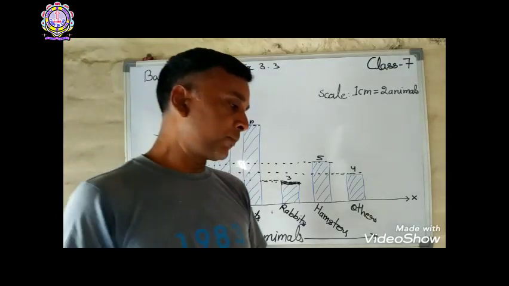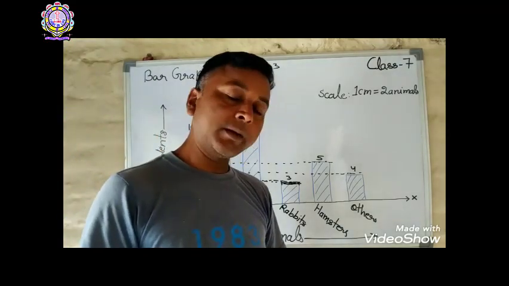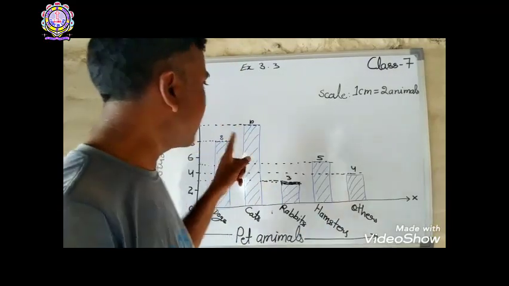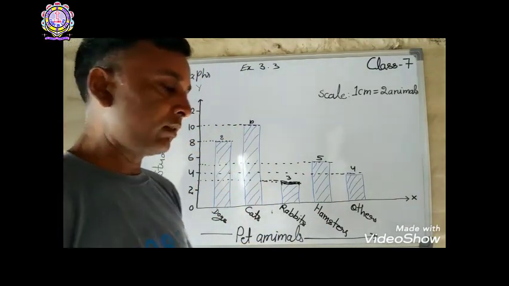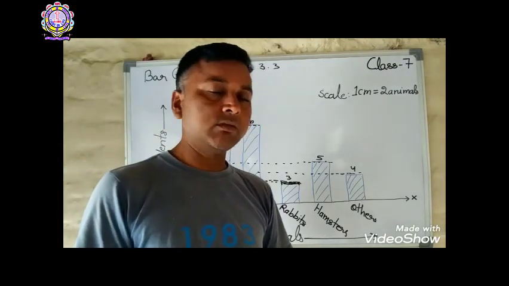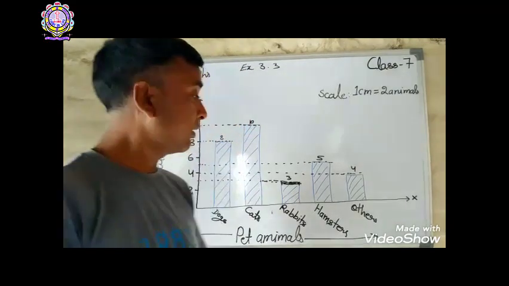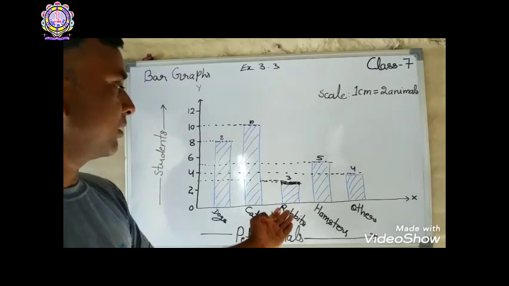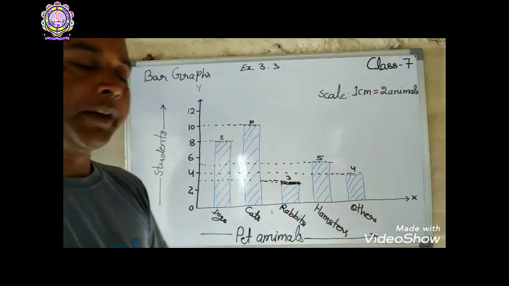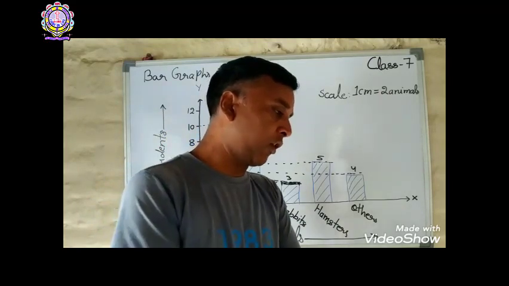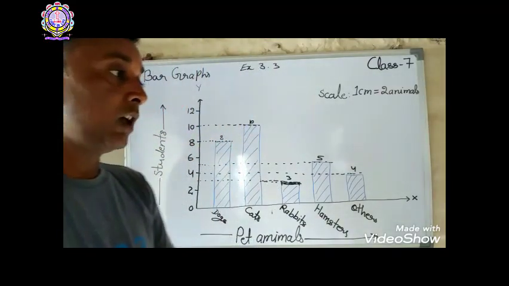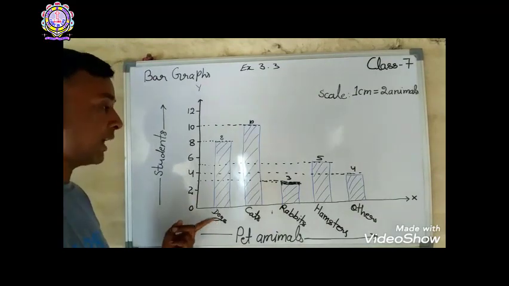So first question, which is the most popular pet? The cat is the most popular pet. Which is the least popular pet? That is rabbit. Now, second question, B. How many students have a dog as a pet?